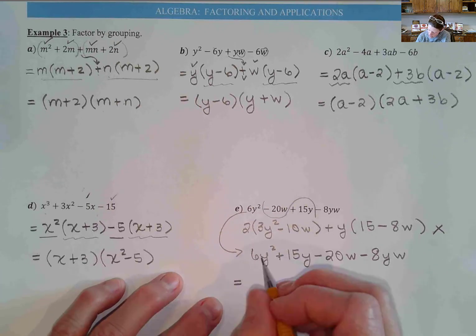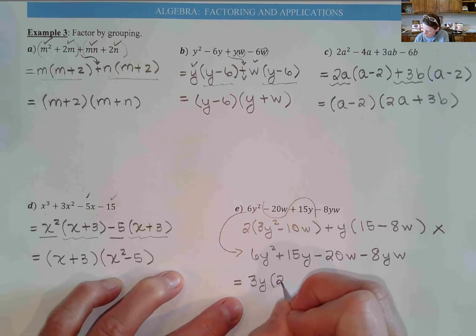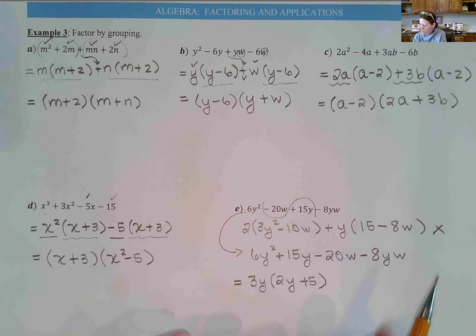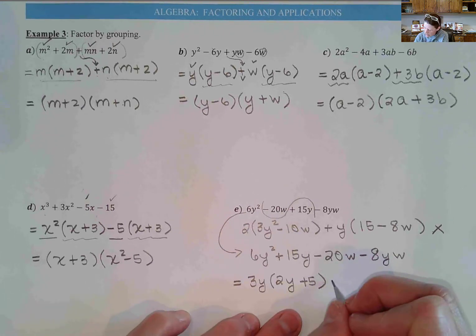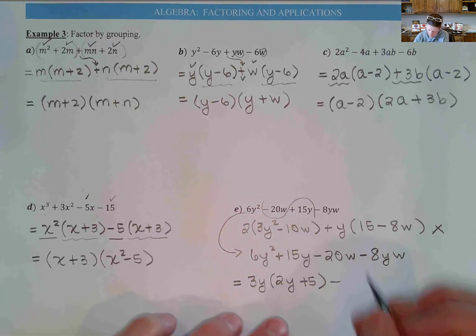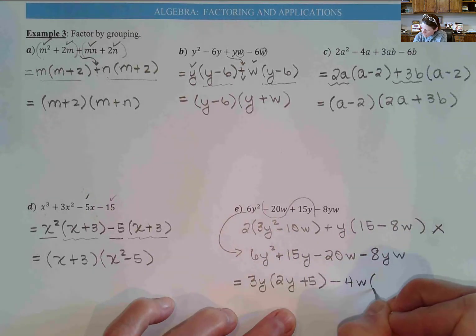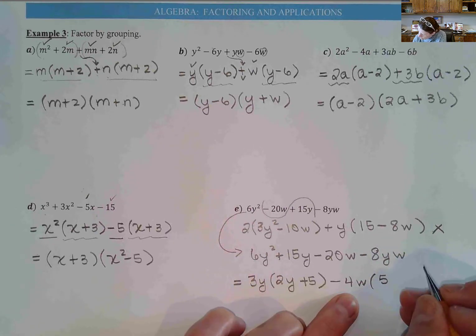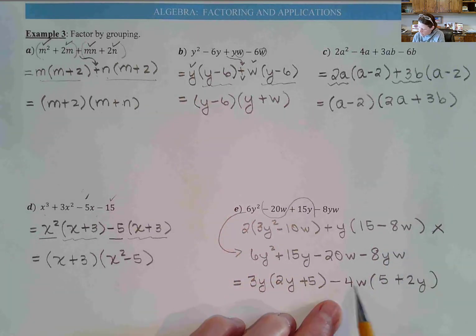In fact, that greatest common factor is 3y times 2y plus 5. And as we factor out our greatest common factor of the second two terms, let's factor the negative symbol along with 4w. Multiply that times 5 and plus 2y.